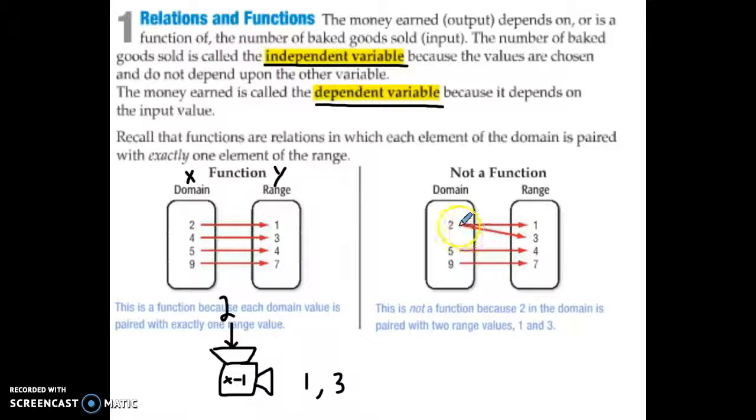Okay, so if there's two numbers that come from 1 x, that's not a function. All right. Now these, we want it to be a function because we know it'll follow a certain rule. It's not broken. If it's broken, it doesn't really do us much good. Okay, so just from this page, keep in mind your independent variable is your x. Your dependent variable is your y. Okay? If it's a function, only one number is going to come out.